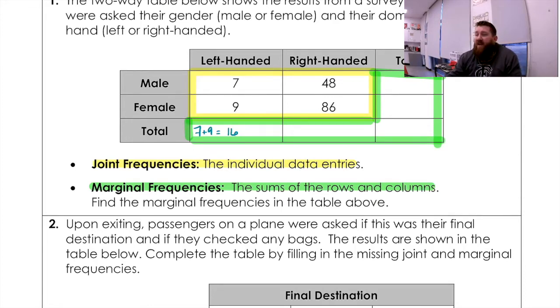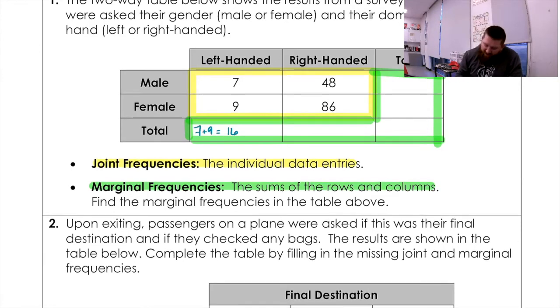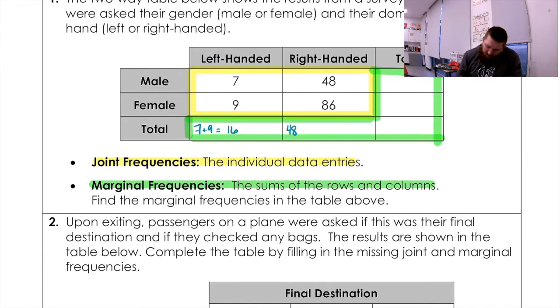The number of right-handed individuals is 48 plus 86, which is 134. The number of total males that were surveyed would be 7 plus 48, which is 55.